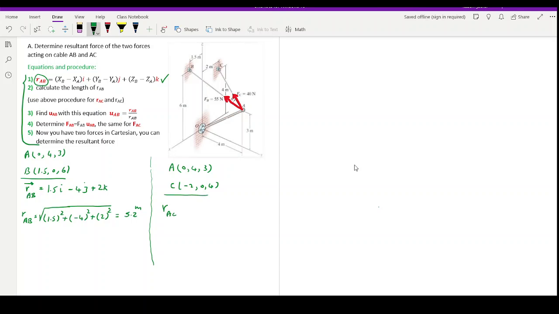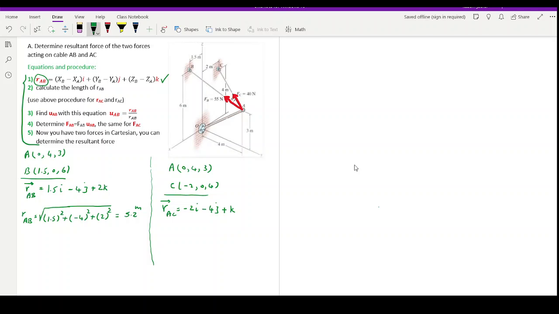Now rAC, again the vector in Cartesian format, is going to be negative 2 minus 0, which is negative 2i. 0 minus 4 is negative 4j. And 4 minus 3 is 1, which I don't write, just k.